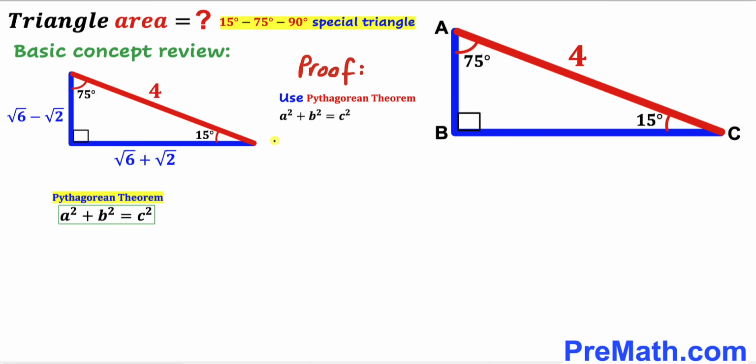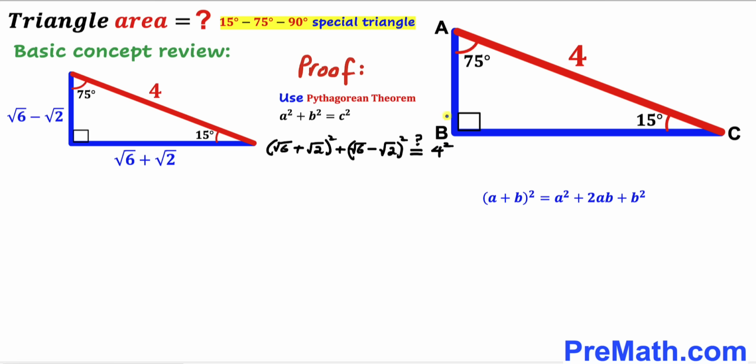Now we can write square root of 6 plus square root of 2 whole square, plus square root of 6 minus square root of 2 whole square. Now the question is, is it equal to the right hand side? C square is going to be 4 square.